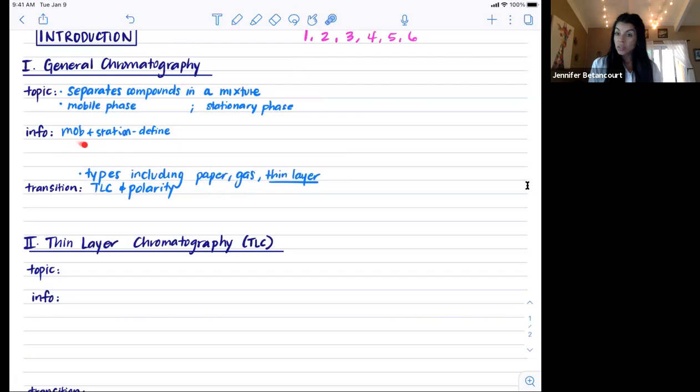Maybe a couple of sentences here, one to define the mobile phase, one to define the stationary phase. I don't think there's anything else you're going to put there. Then you can talk about the different types of thin layer chromatography and how that last specific type separates compounds by polarity.